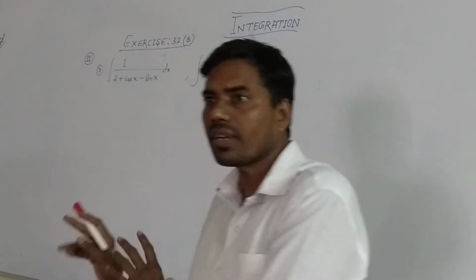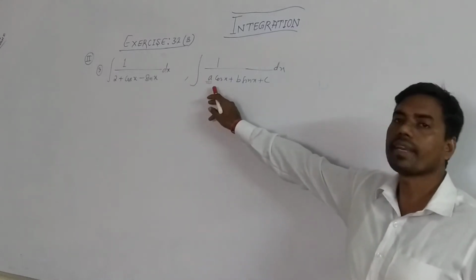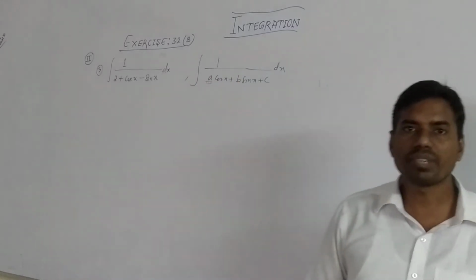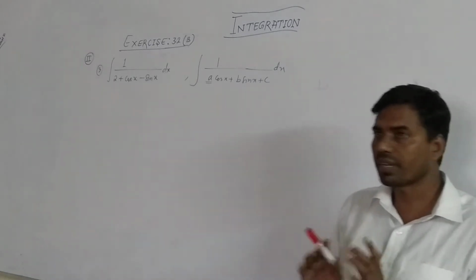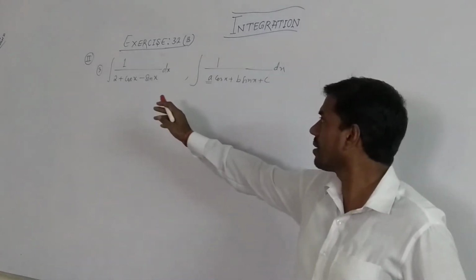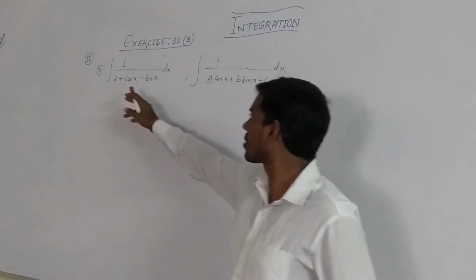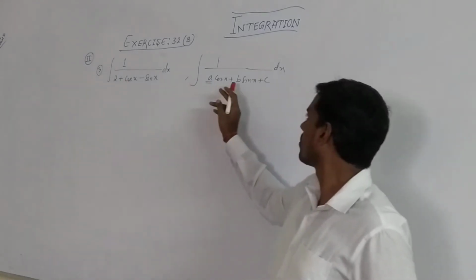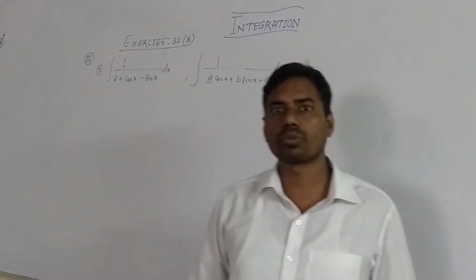Question number 3 matches the format 1 upon a cos x plus b sin x plus c. If we compare the given question with our format, we get a equal to 1, b equal to -1, and c equal to 2.